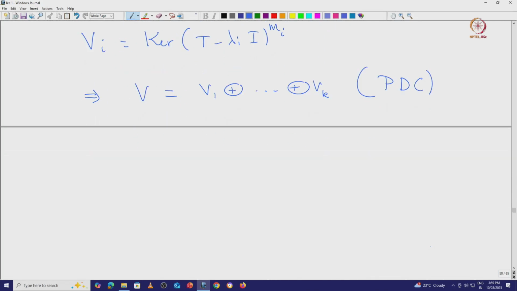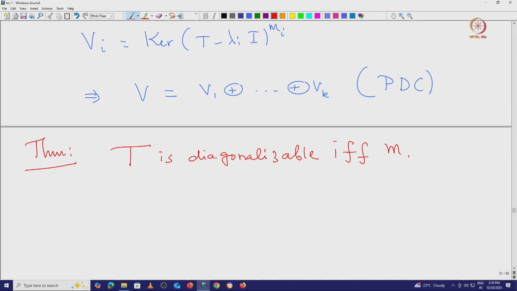Now, using this we can easily prove the theorem that I stated before. T is diagonalizable if and only if the minimal polynomial of T has distinct roots.